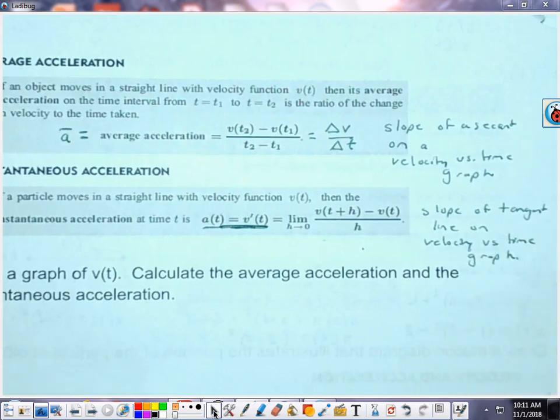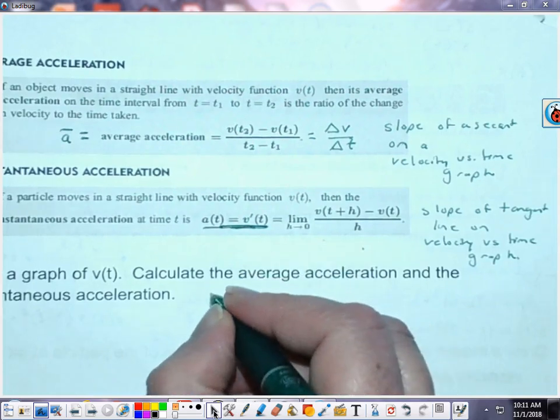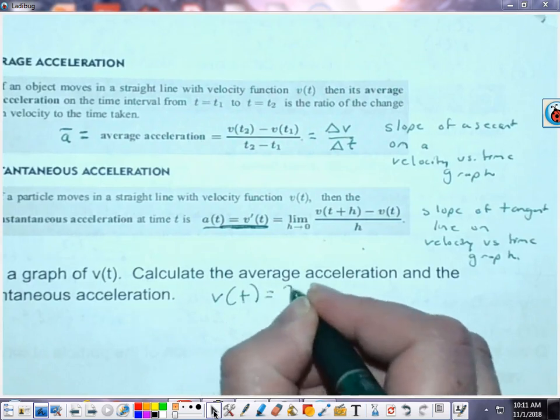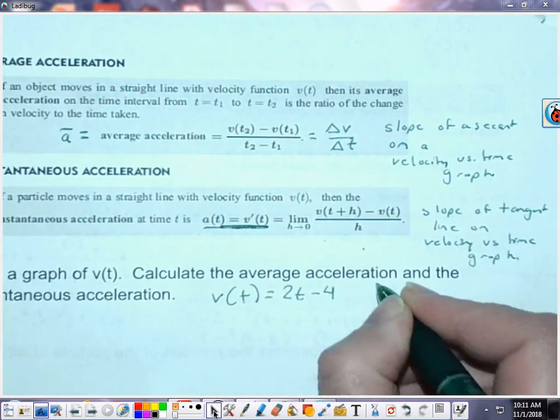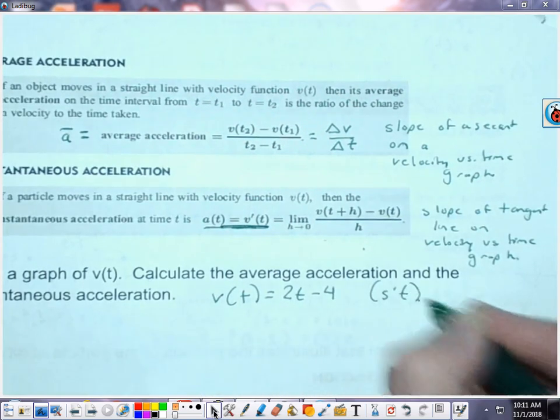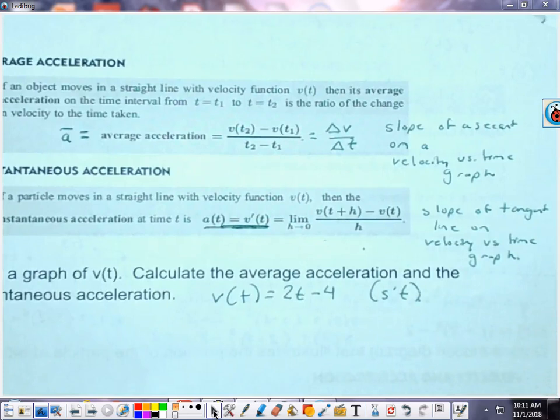So we're just going to do the same thing, only with velocity this time. You already found v of t was 2t minus 4, because that was the same thing as s prime of t. So that's what I'm going to graph, and I'm going to do the slope of a secant line on it and also the slope of a tangent line.